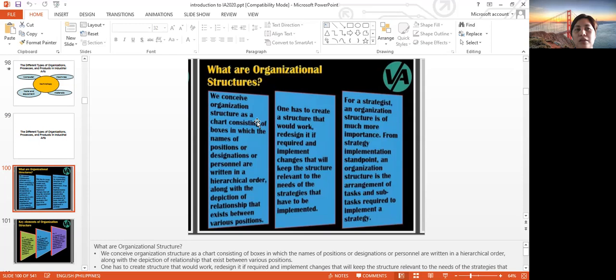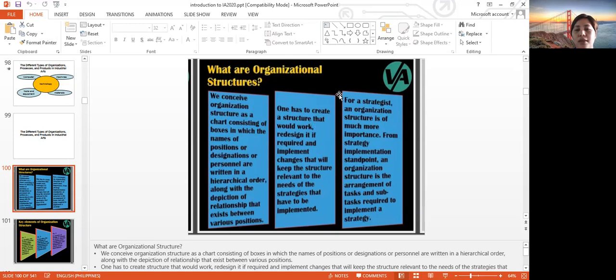Through that chart, you will know where to submit, where to inform if you are part of the organization, where to go in everything that you will be doing inside the staff. That will guide you: who are you going to approach?